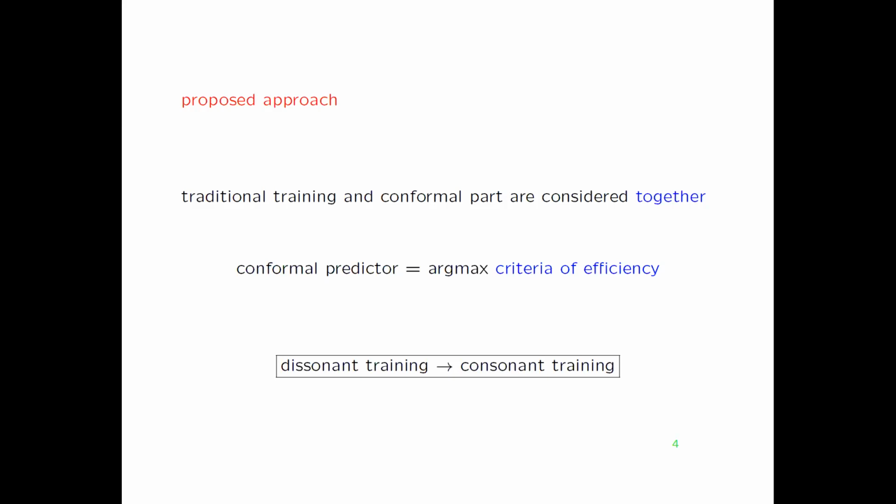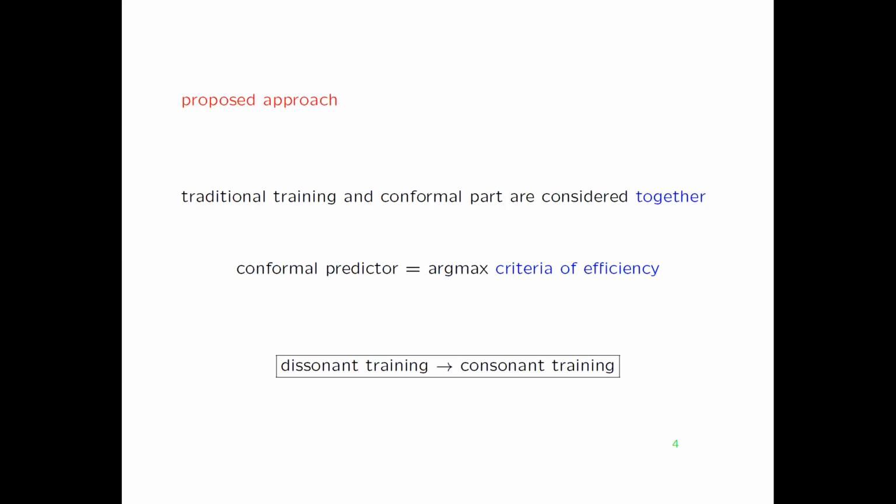So we define our trained conformal predictor as a conformal predictor that is built in the usual way, but on top of an algorithm that optimizes some criterion of efficiency of the whole system.